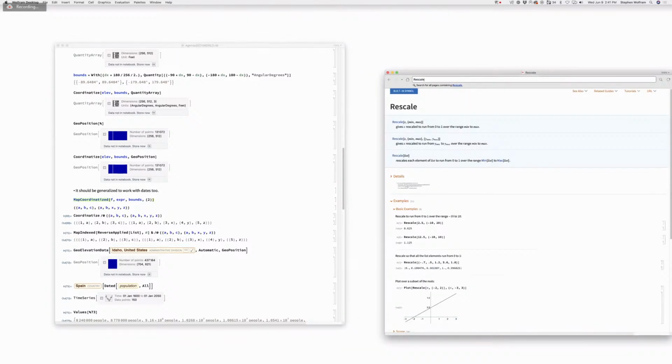So this function is a bit like a cousin of rescale. Yeah, that's right. It's like putting a rescale into the part number specification.